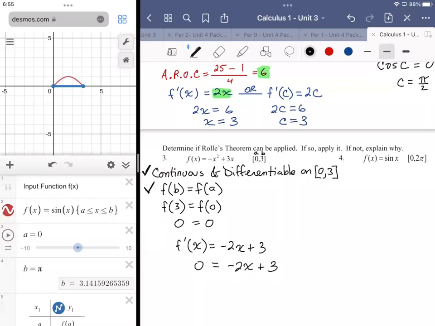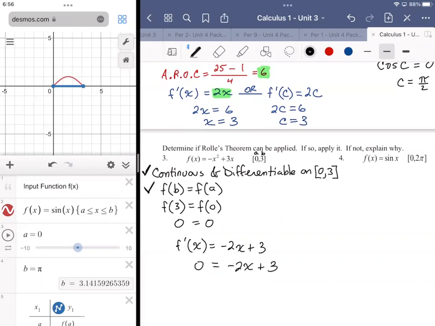So continuous and differentiable. First off, the continuous part would be if there are no vertical asymptotes, no holes, no jumps, or any other types of discontinuities like oscillating discontinuity, and polynomial functions have none of those.